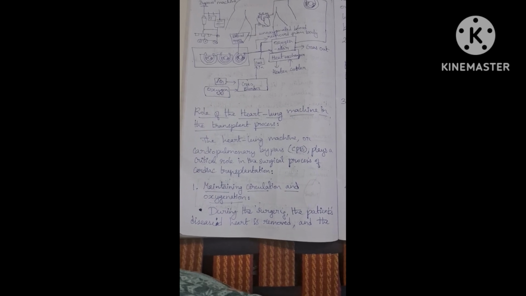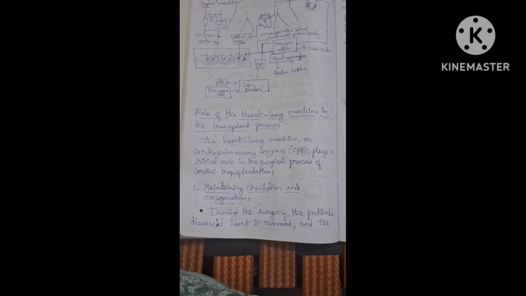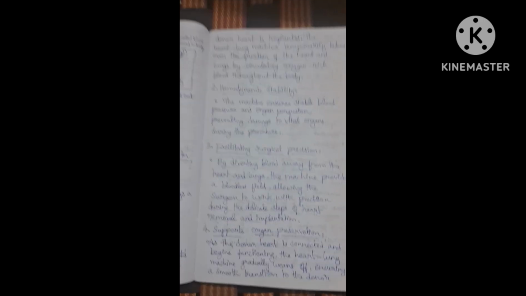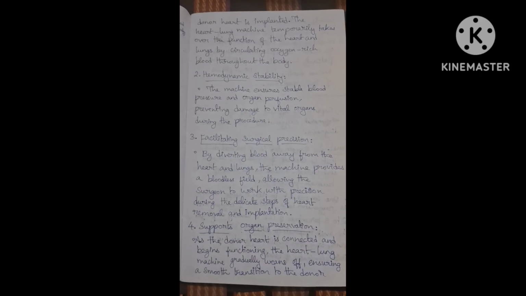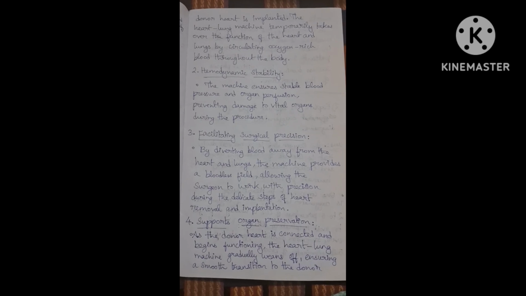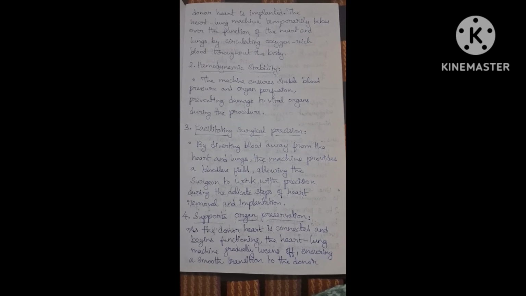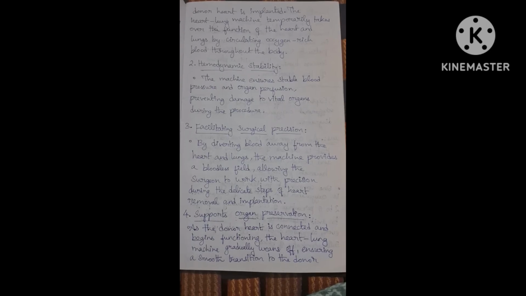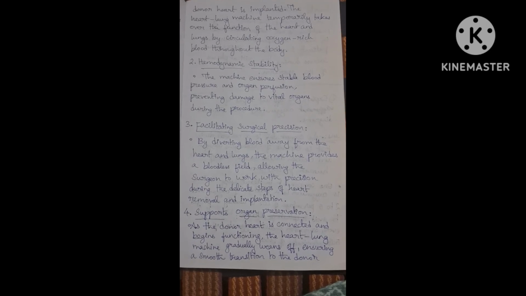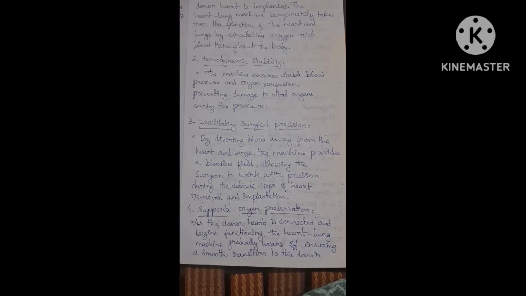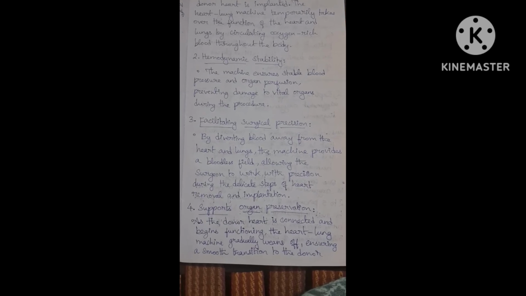During the surgery, the patient's diseased heart is removed and the donor heart is implanted. The heart-lung machine temporarily takes over the function of the heart and lungs by circulating oxygen-rich blood throughout the body. The second one is hemodynamic stability.